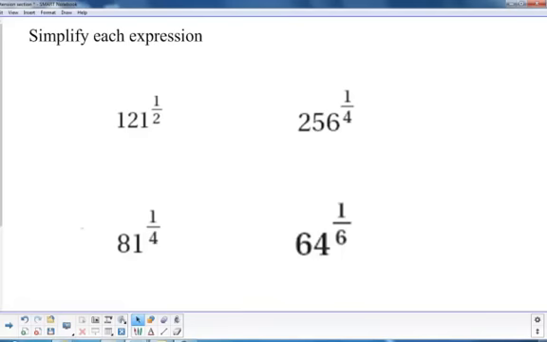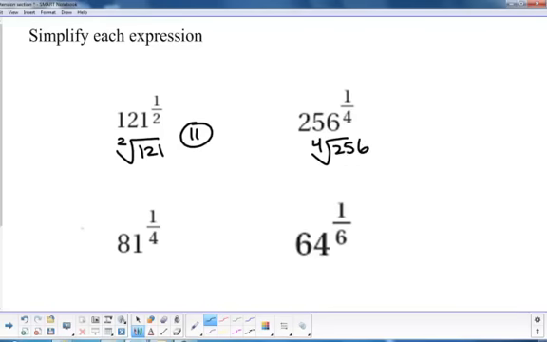So 121 to the 1/2 is the square root of 121, and that's 11. The 4th root of 256, and let's say you don't know this off the top of your head, what you could do is grab your calculator, and you need to type in the 4 first, and then you need to type in the x root button.